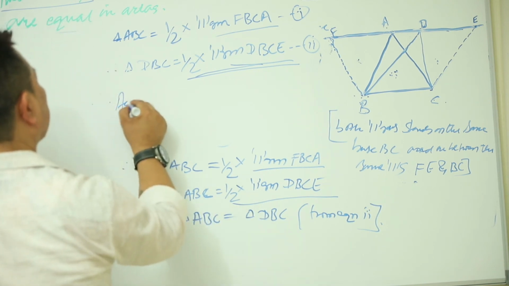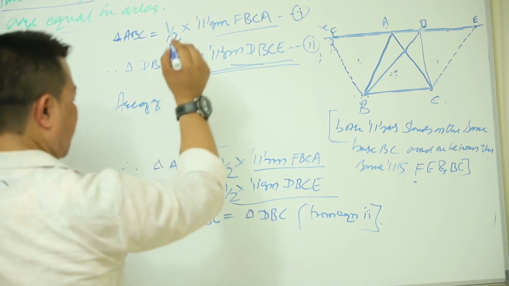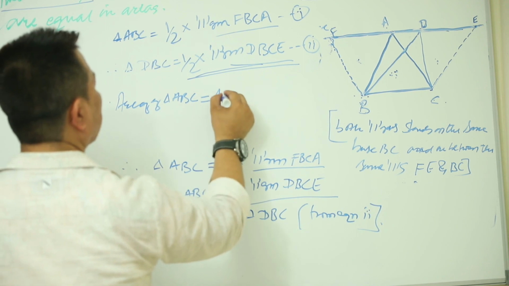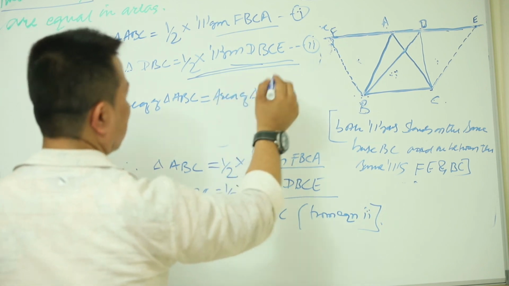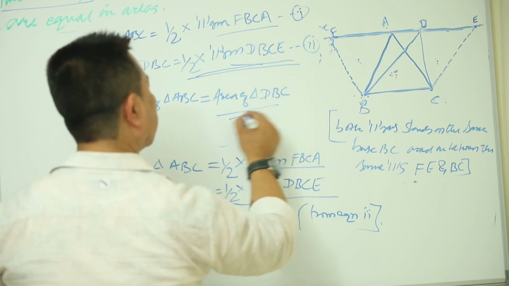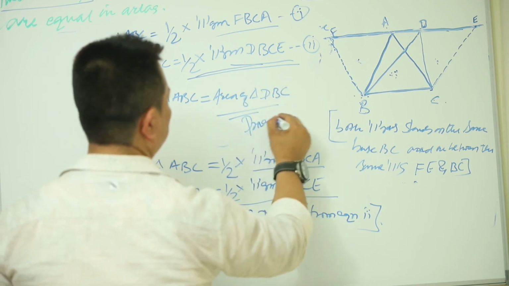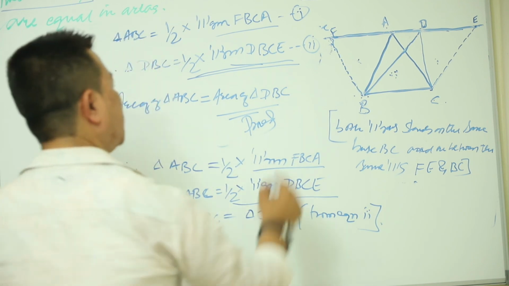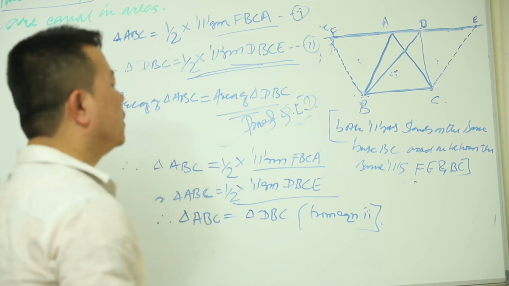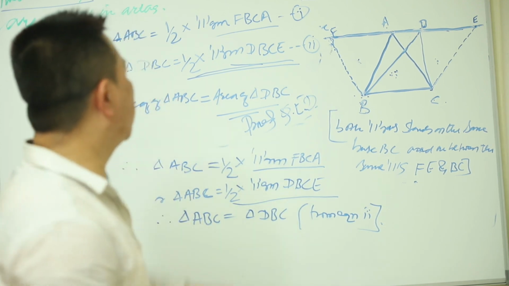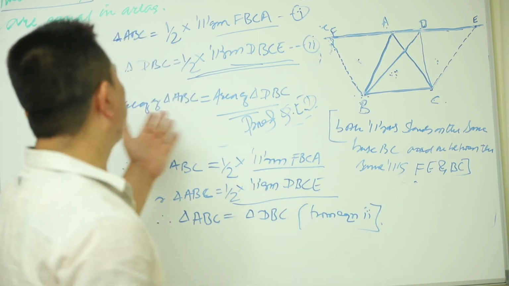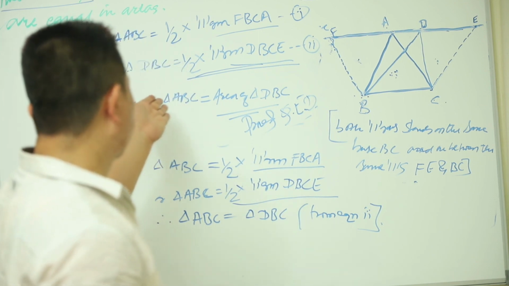Therefore, area of triangle ABC is equal to area of triangle DBC. This is what we were going to prove. Proved. So now it is proved that area of triangle ABC is equal to area of triangle DBC.